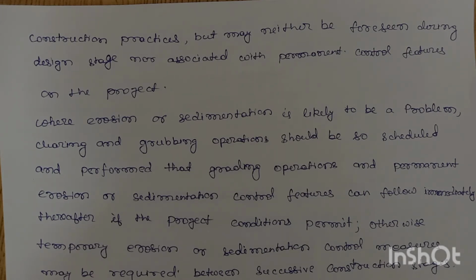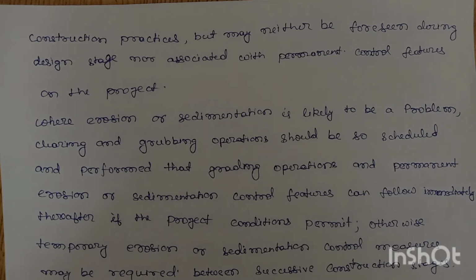Where erosion or sedimentation is likely to be a problem, clearing and grubbing operations should be so scheduled and performed that grading operations and permanent erosion and sedimentation control features can follow immediately thereafter if the project conditions permit.